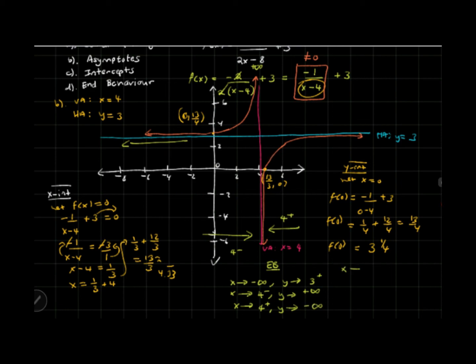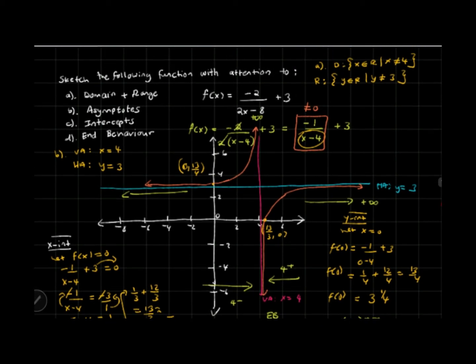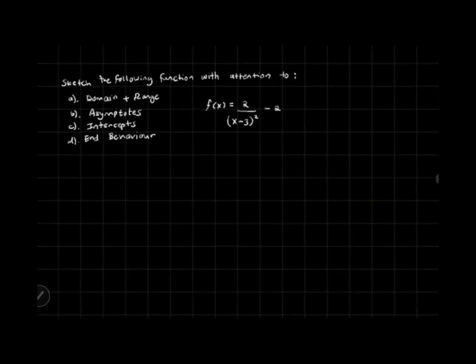And as x approaches positive infinity, y actually approaches the horizontal asymptote 3 from below. Okay, so this is the end behavior of this reciprocal function. So that's how you sketch out the function and list some of its key characteristics.